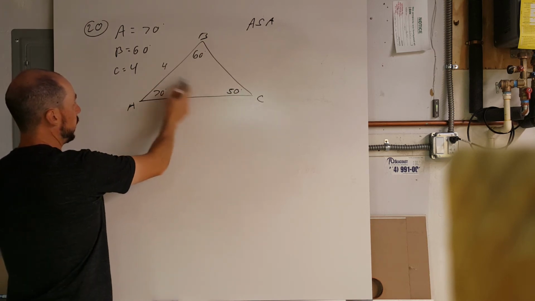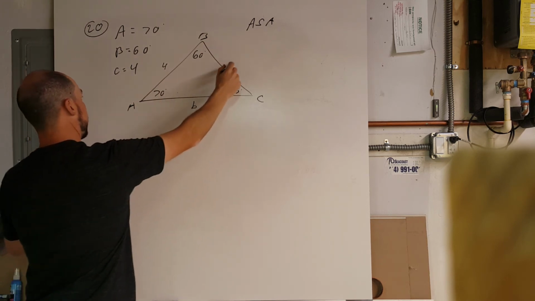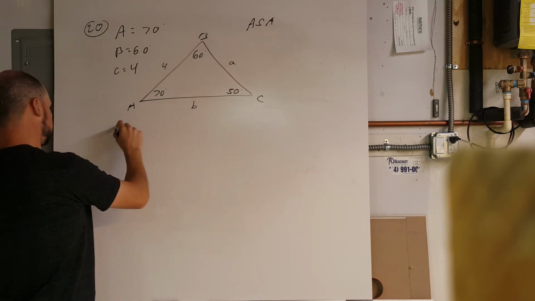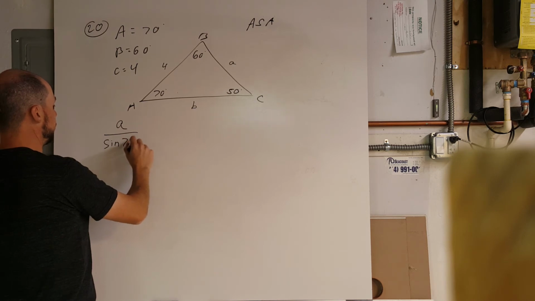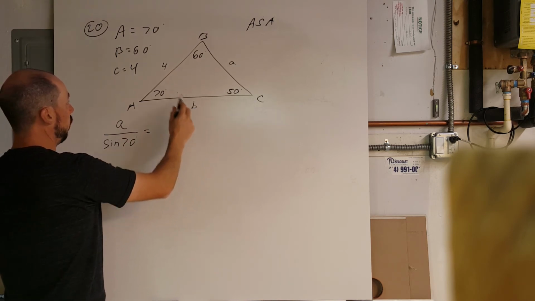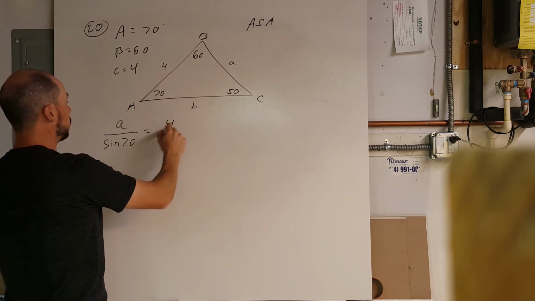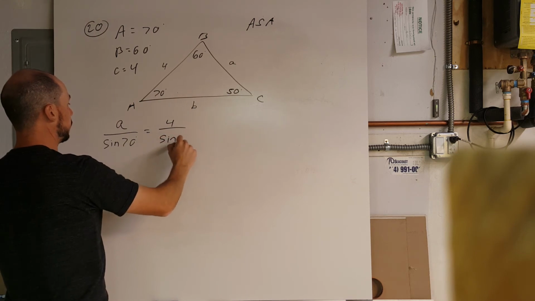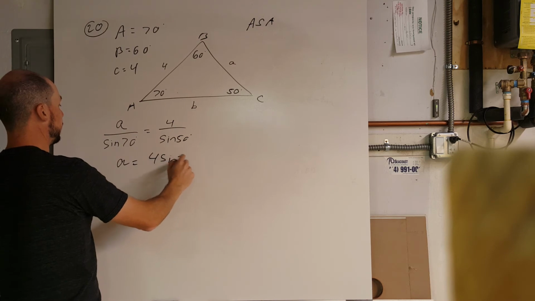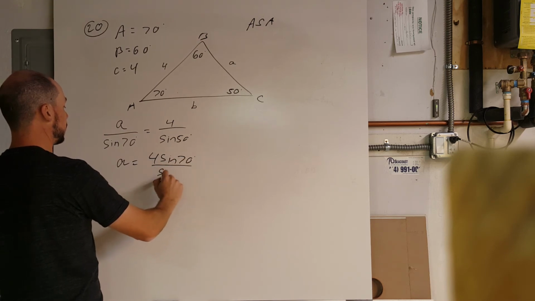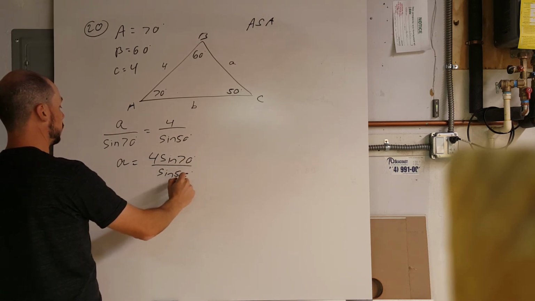So I have to use this pair to find either side B or side A. Let's find side A. A divided by sine of 70 degrees equals 4 over sine of 50 degrees. A equals 4 times sine of 70 divided by sine of 50.